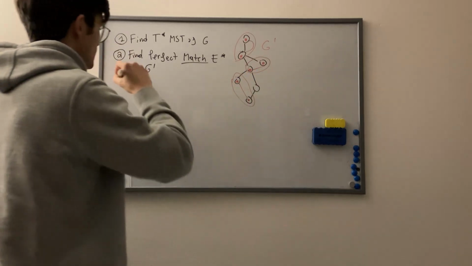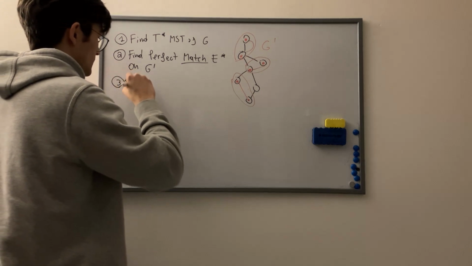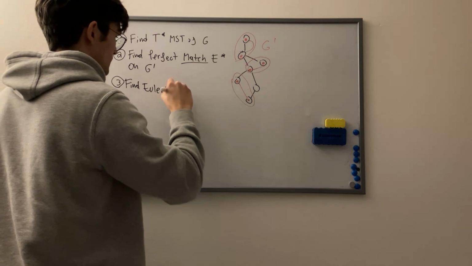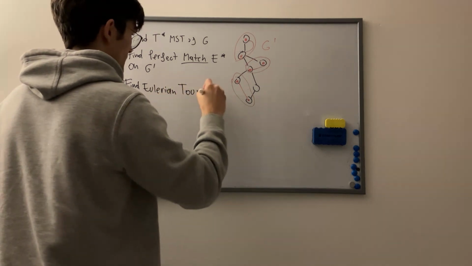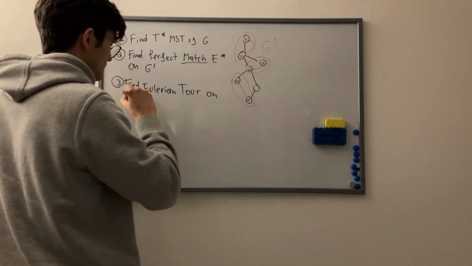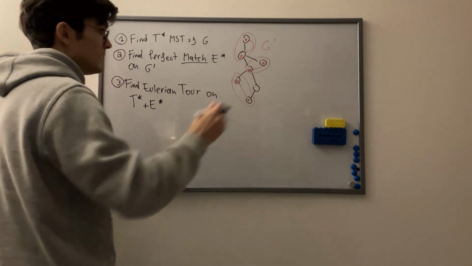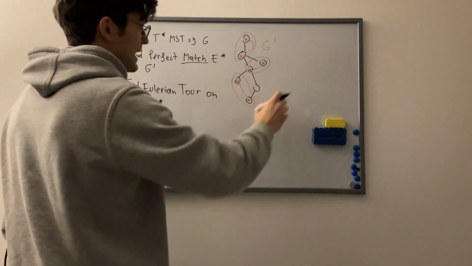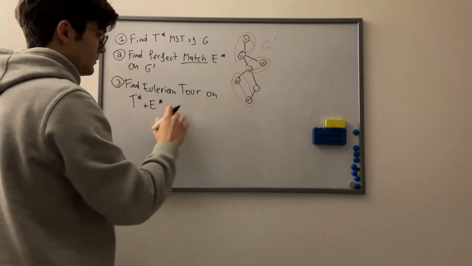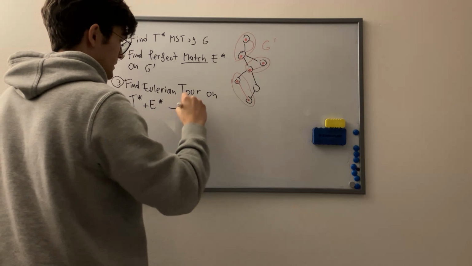So what we can do now is find an Eulerian tour on T star plus A star. We take the old spanning tree, add the edges that we found of the perfect match, and we find an Eulerian tour on that, and we call this E.